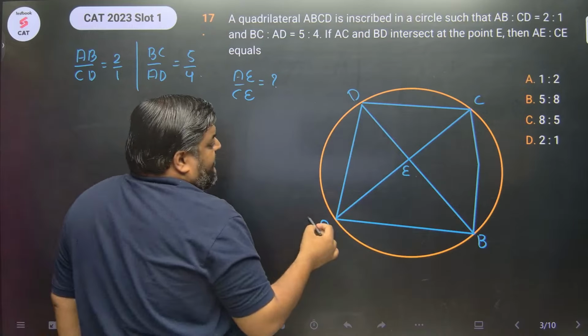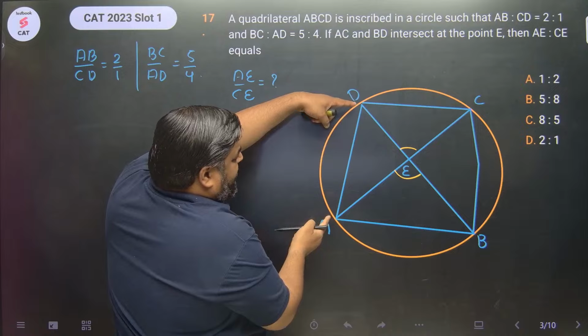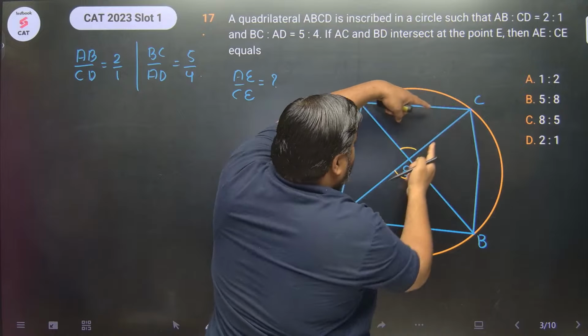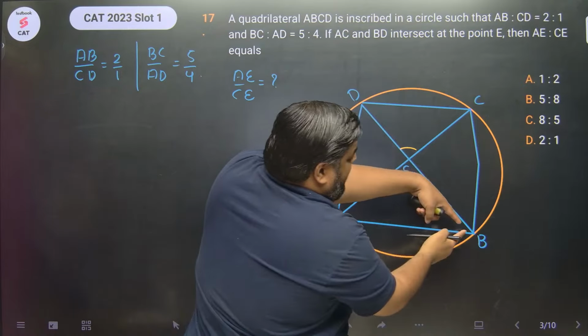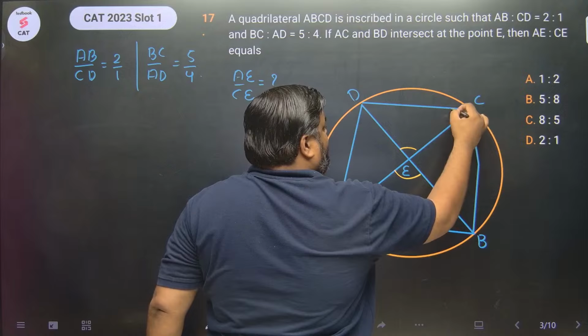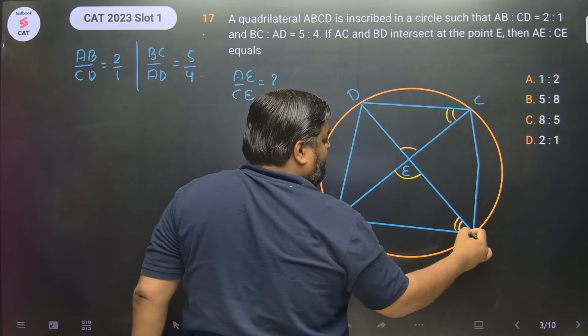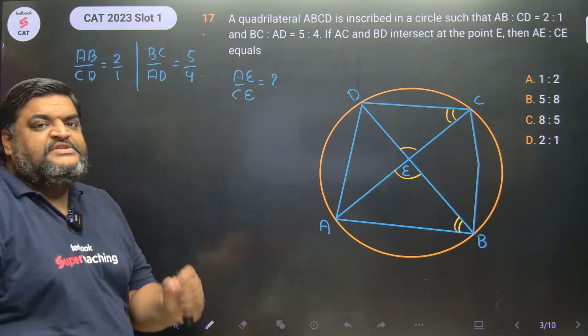If you remember the property, these two angles are vertically opposite, definitely equal. Angles in the same segment are equal. From AD you are making an angle C and from AD you are making angle B, so this angle is equal to this angle.